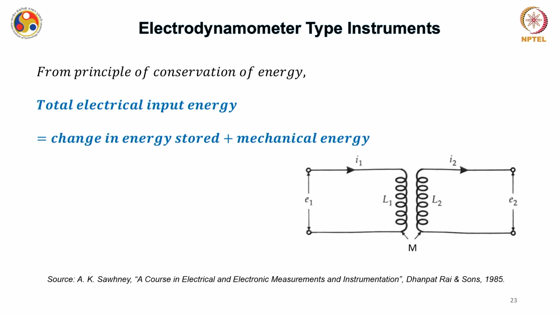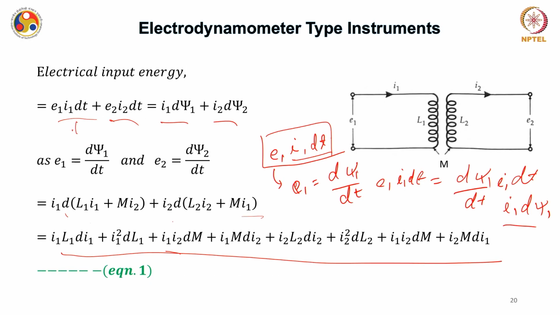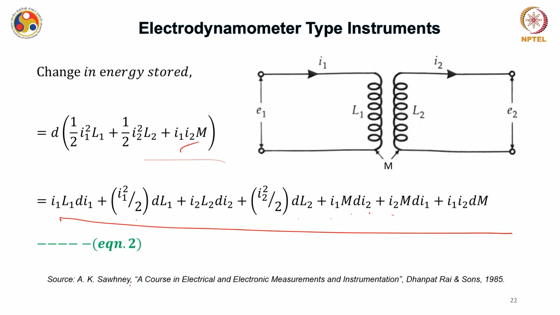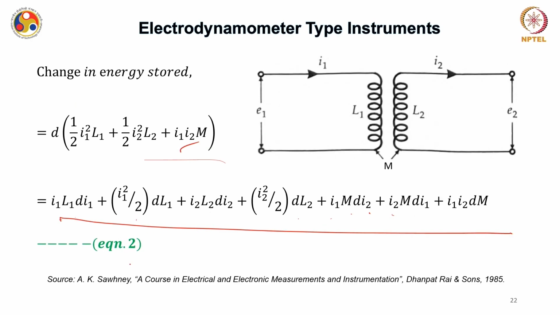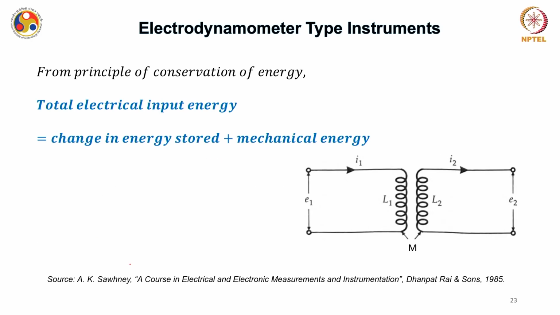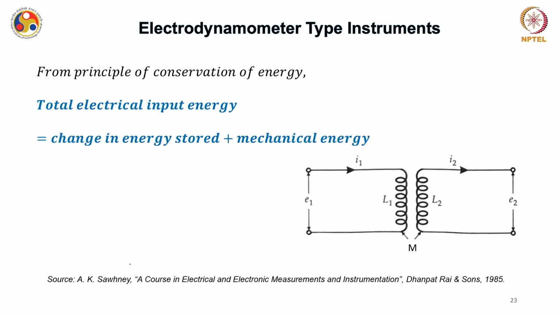Now, from the principle of conservation of energy, the total electrical input energy that we have just seen from equation 1 is equal to the change in the energy stored, which we found in equation 2, plus the mechanical energy. We are interested in knowing the mechanical energy, and it can be obtained by subtracting equation 2 from equation 1.